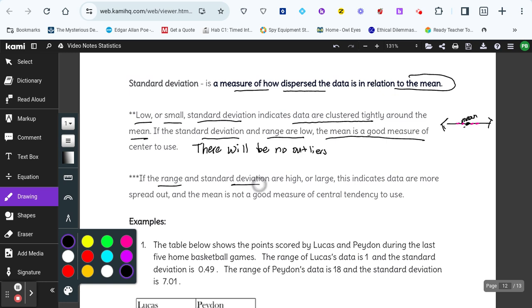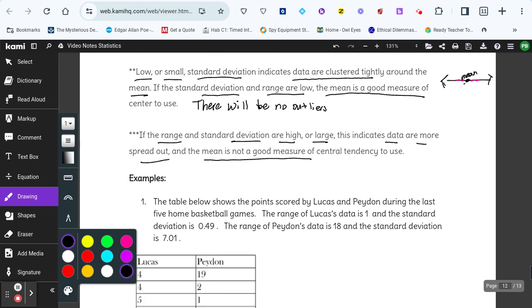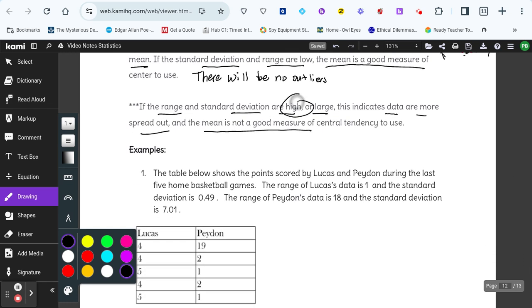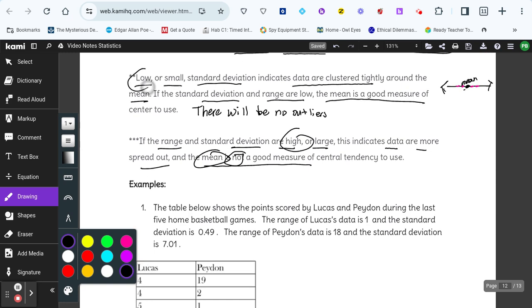If the range and standard deviation are high or large, this indicates that data are more spread out and the mean will not be a good measure to use, okay? A high deviation, do not use the mean. A low deviation, then I want you to use the mean. The mean is good, okay?